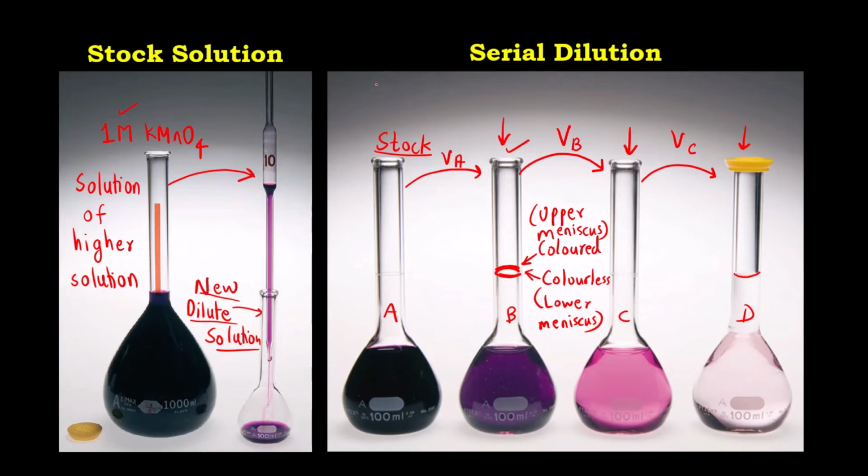In this way we are preparing a series of solutions with lower and lower concentration. That is why this is called serial dilution, because we are preparing a series of solutions, and in each case we are performing dilution.